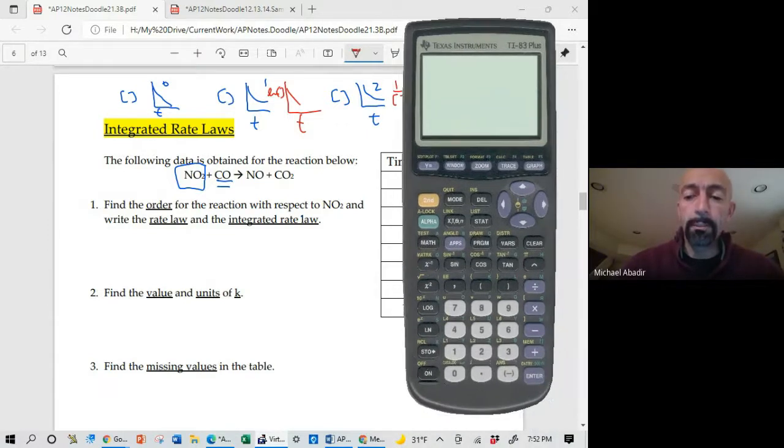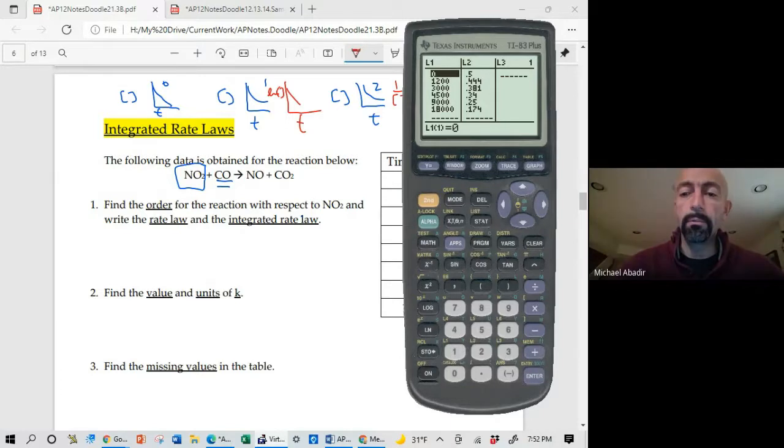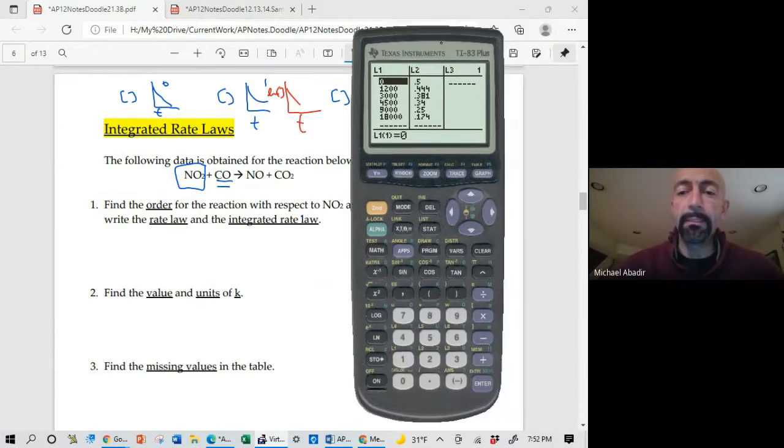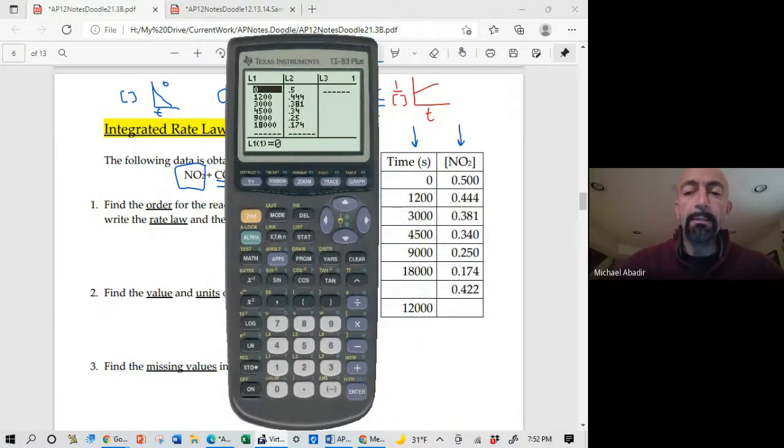Okay, so make sure you switch your calculator on. And what you're going to do is go to Stat, and then Edit. Stat, Edit, and then you're going to hit Enter. Now you have these lists. I've already typed these in, and I made these list 1 and list 2.